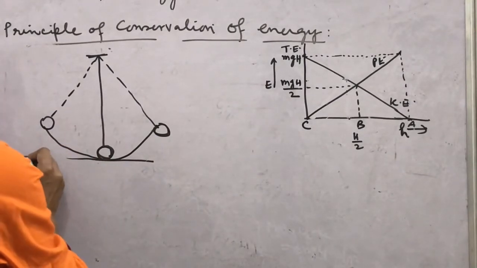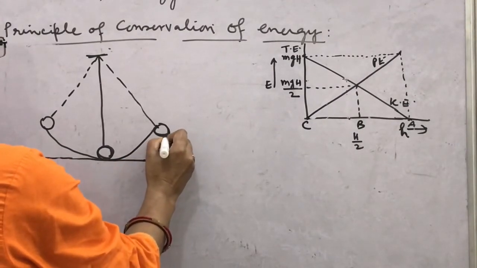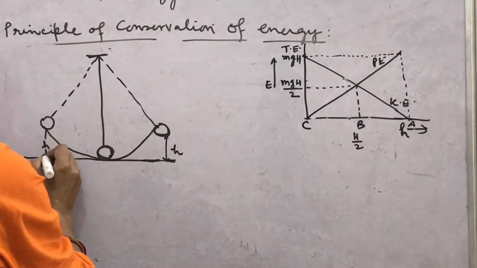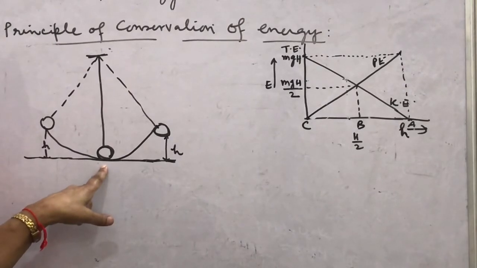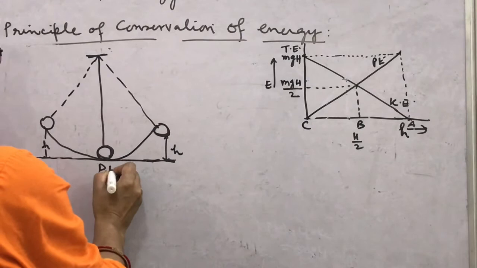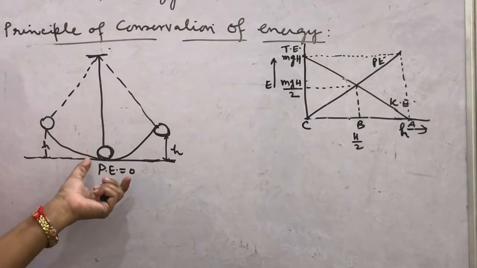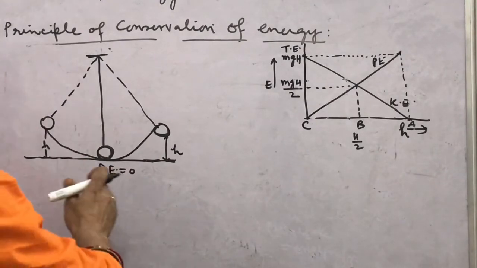If you see the height acquired by the pendulum, suppose this is h, then this is also h. Here, since there is no height, which energy is not there? Potential energy. Actually, potential energy is minimum. For our convenience, we take it 0. So, here potential energy is 0.